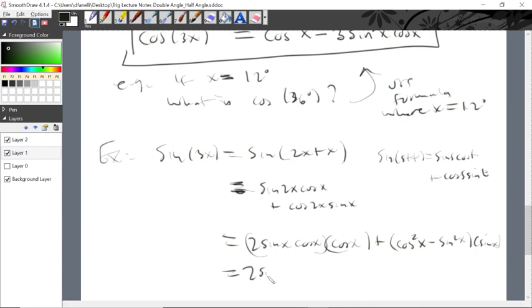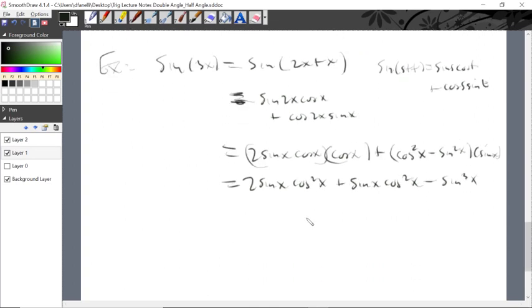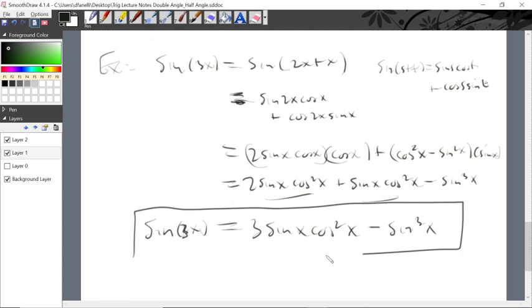So this gives us 2 sine x cosine squared x, plus this is going to be a sine x cosine squared x as well, minus sine cubed x. We have like terms here, so this gives us 3 sine x cosine squared x minus sine cubed x.